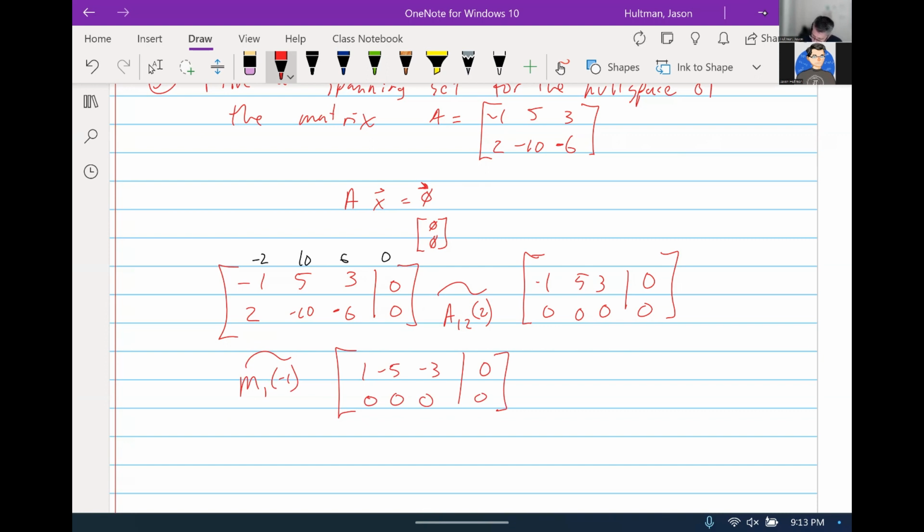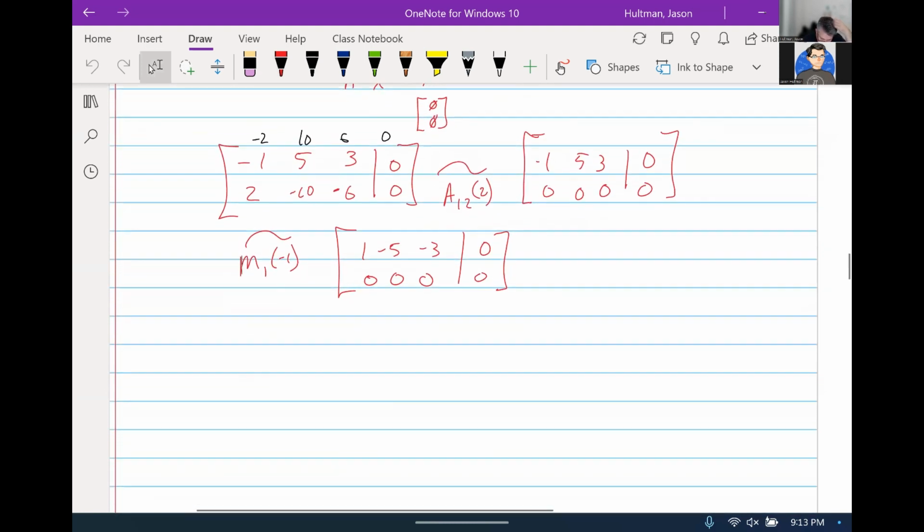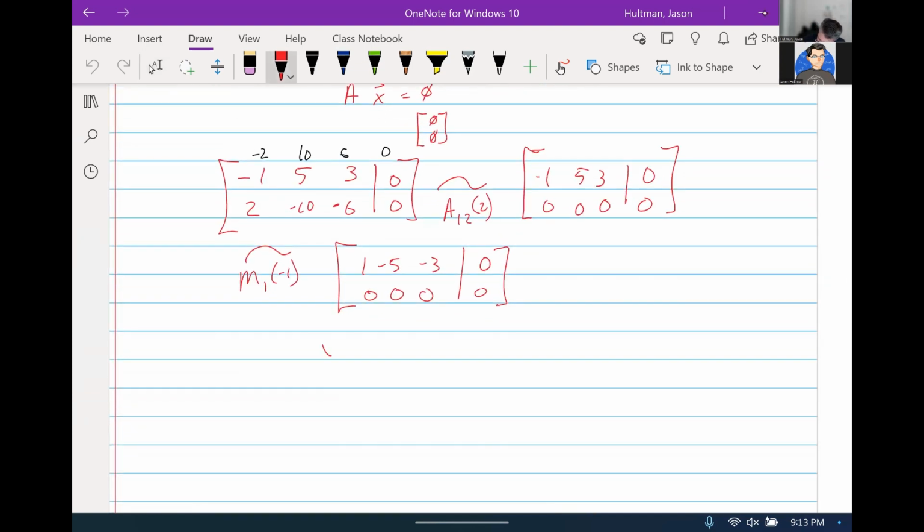Okay, so, what does this mean? Well, if we look at this, what are all the solutions to this? Well, we would get x1 minus 5x2 minus 3x3 is equal to 0.